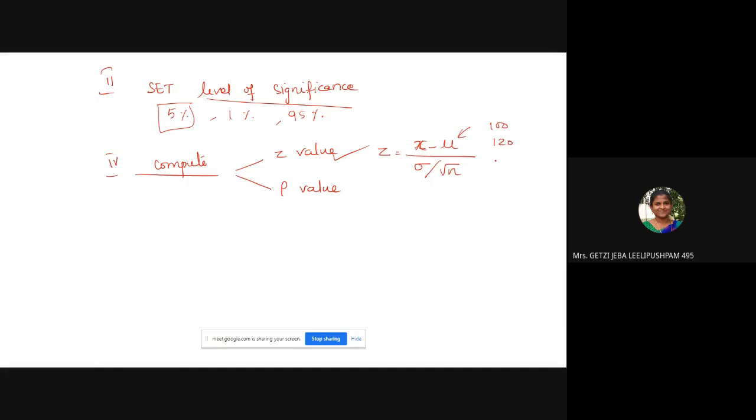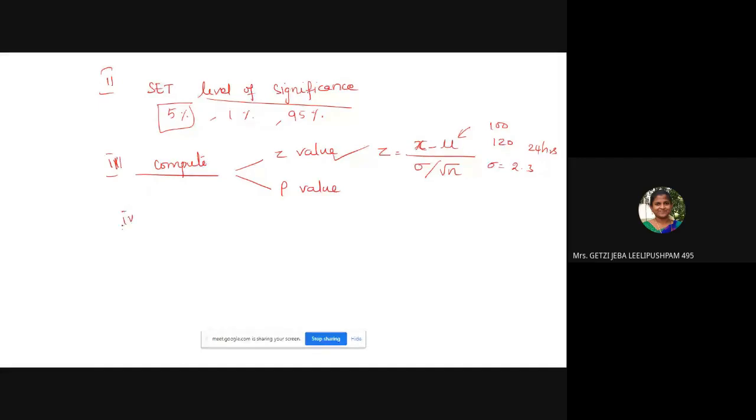The total number of samples taken to justify this was a day, maybe I'll take 24 hours, and sigma was around 2.3. You substitute all these values in this formula, and you will get Z. This is the third step I mentioned before: you calculate the Z value.